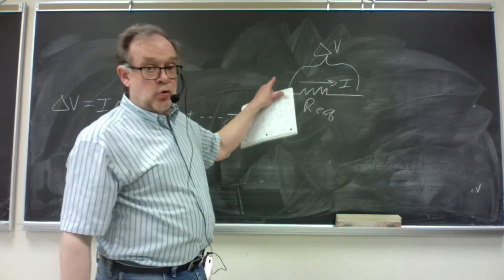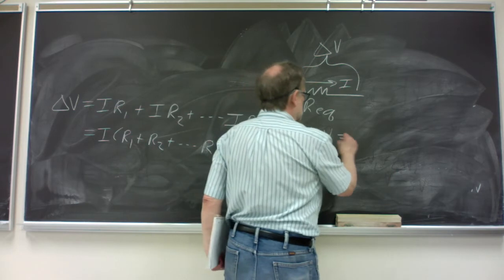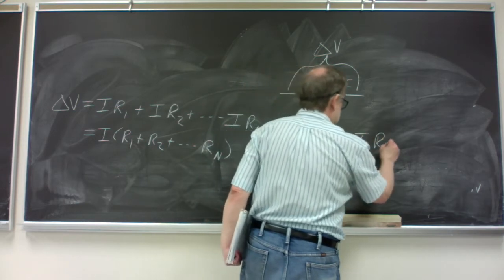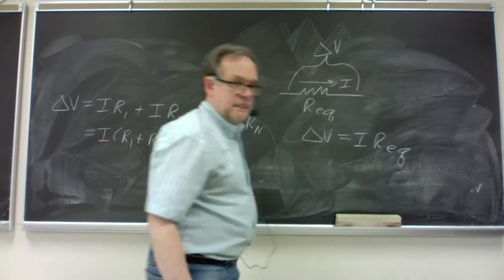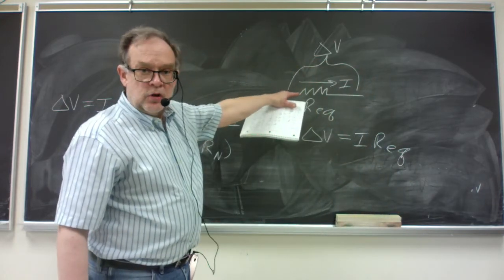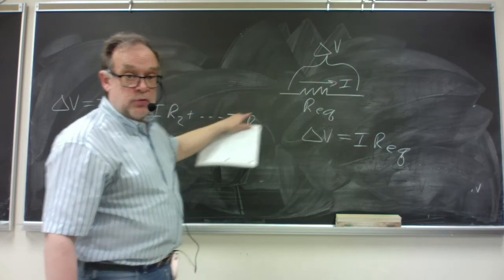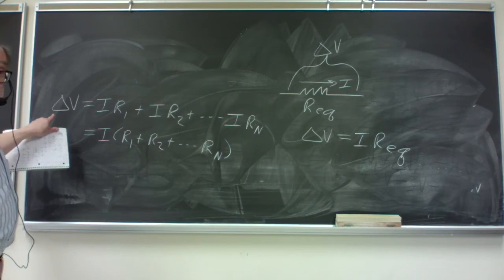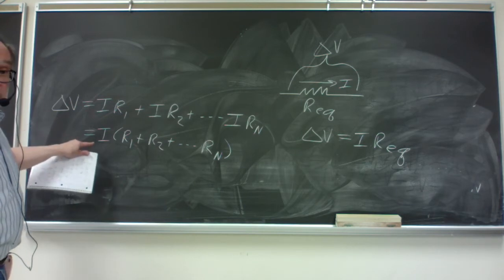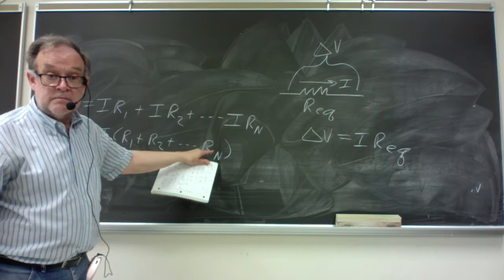Well, if you just apply Ohm's law to that, that's pretty straightforward. Delta V equals current times that equivalent resistance. This is supposed to be equivalent to the situation where you had N resistors. And when you had N resistors, this is how we wrote delta V equals current times some amount of resistance.